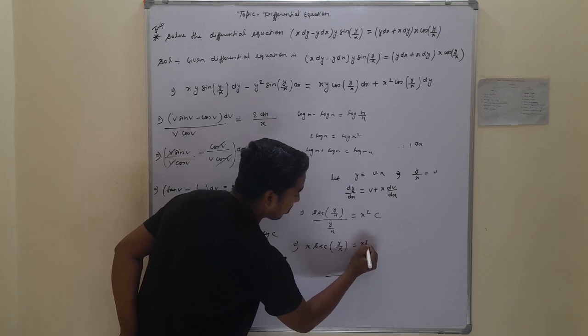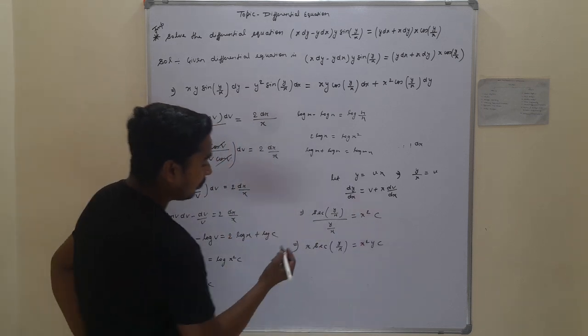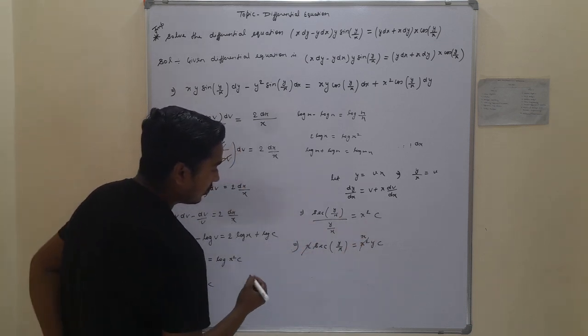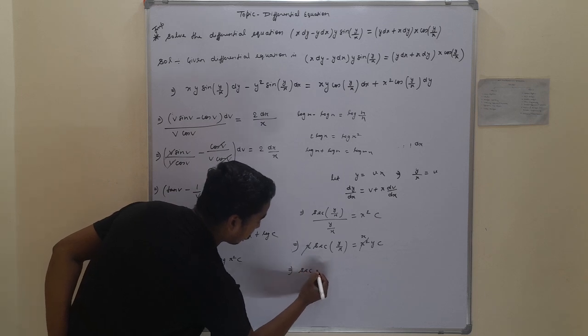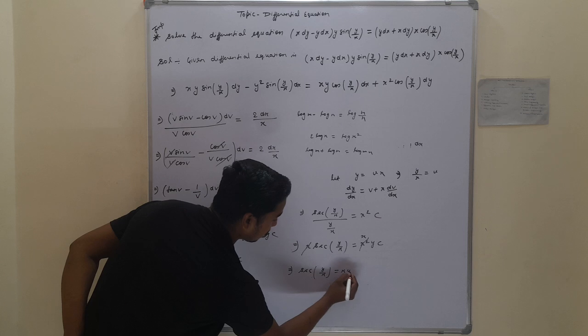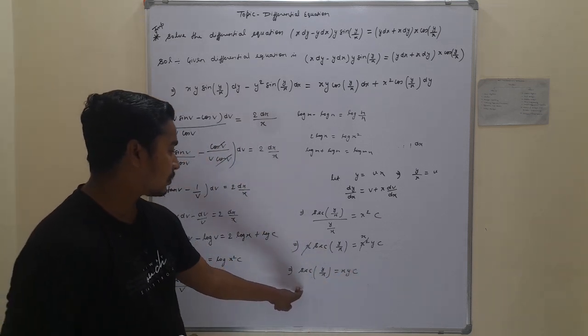This gives x square y into c, and from here x to x cancels out, remaining is x, so we get sec y by x is equal to xy into c.